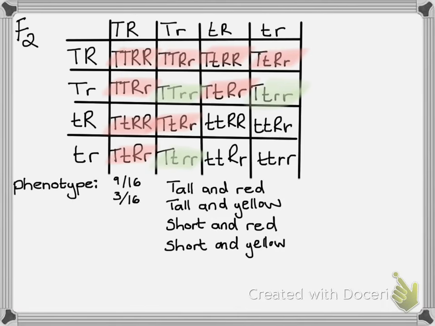And I'm going to do the same for short and red, and I suggest you do this with highlighters as well, or even a little dot or star, and put them all together so that you know who belongs with who.